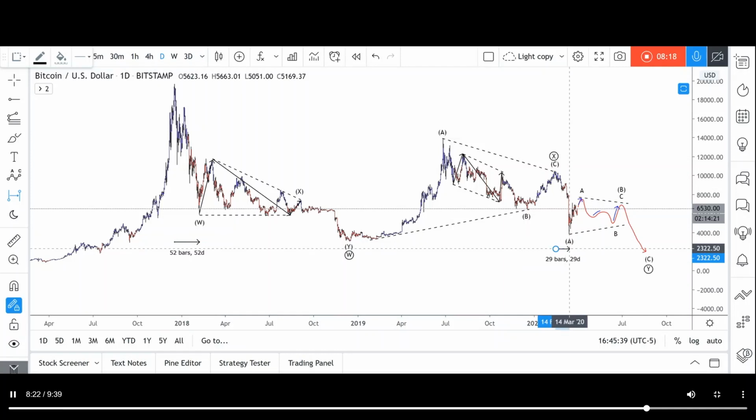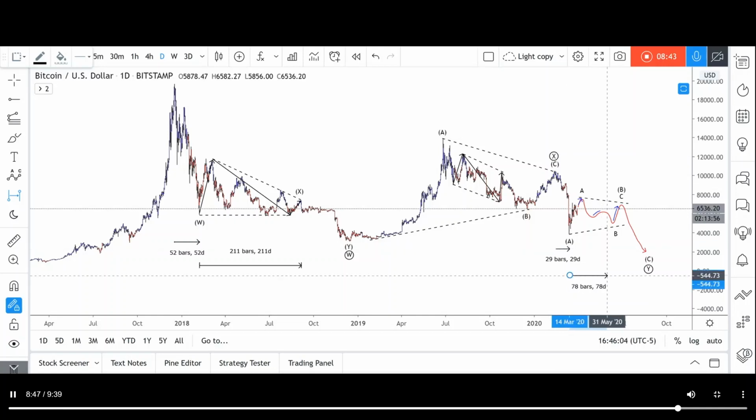So far, this Y wave is moving faster than the W moved. The X here took 211 days, 4 times as long as the A. So if we took 4 times as long, we could be looking at 120 days. So my drawing is pretty close to accurate with that.